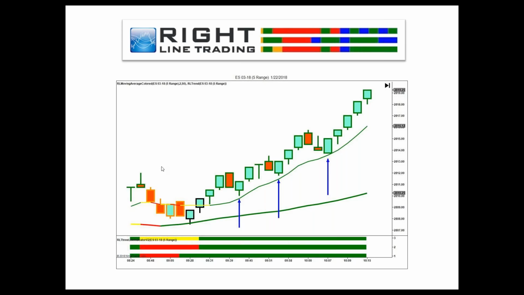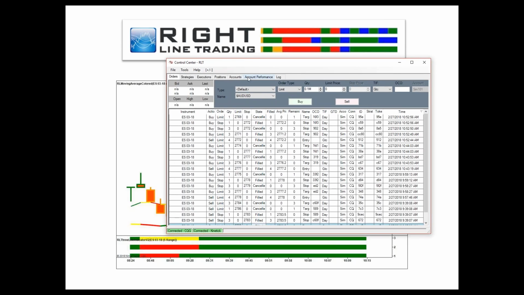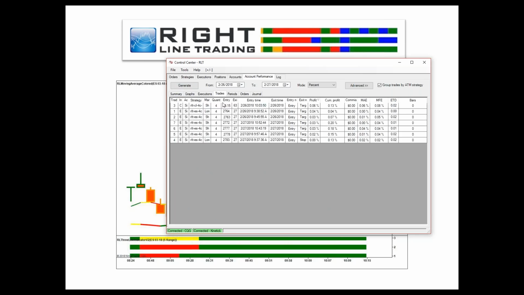Now, the first thing I'm going to do is show you. Here's the control panel, and here's our account performance. Let's go to yesterday and today. Let's generate. And we're going to look at the trades. We have $950 of profit in 2 days. Here are the trades.